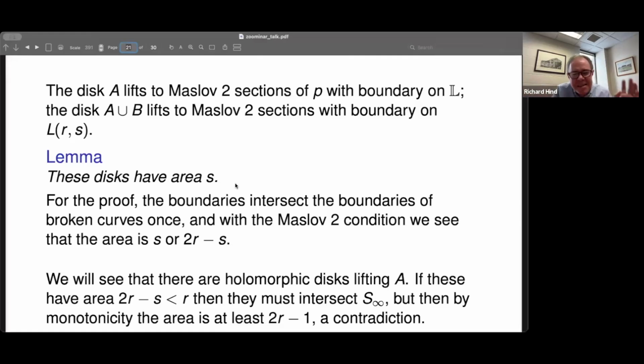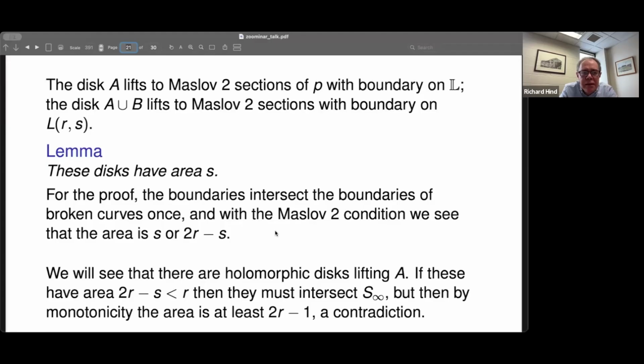Again, this is because we don't have that much area to play with. There's only so many possibilities. And S is the same as the area of the Maslov 2 disks with boundary on the product Lagrangian. This is the kind of thing we want to be true to show that one is exact relative to the other one.